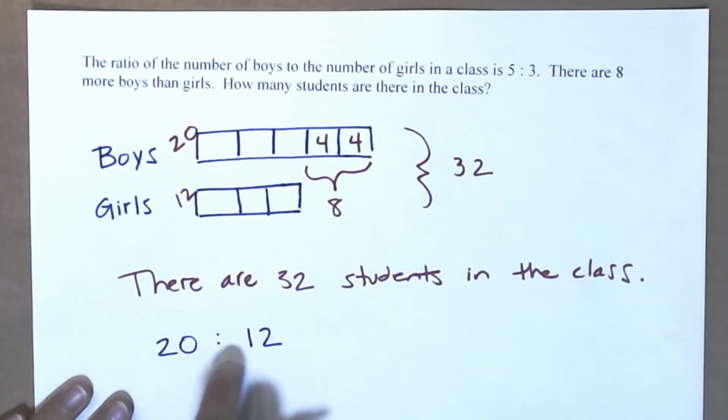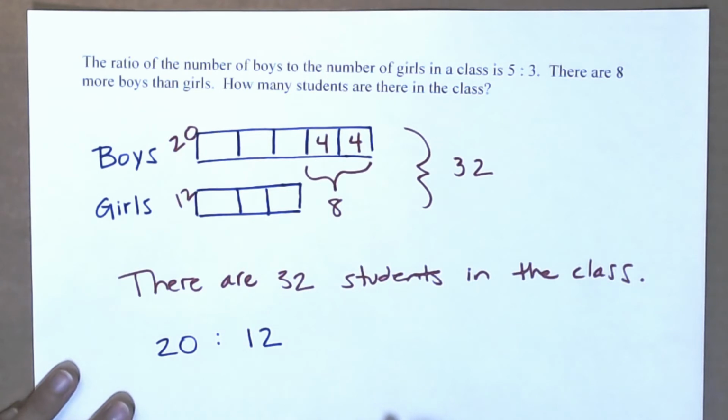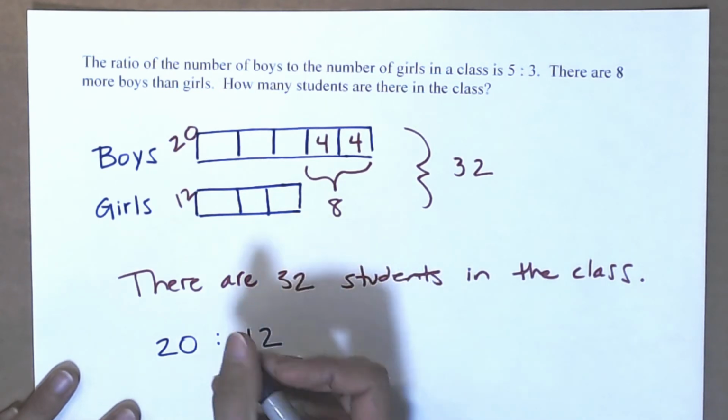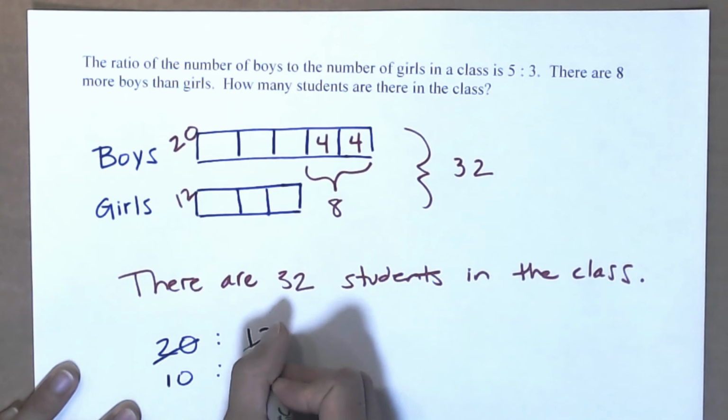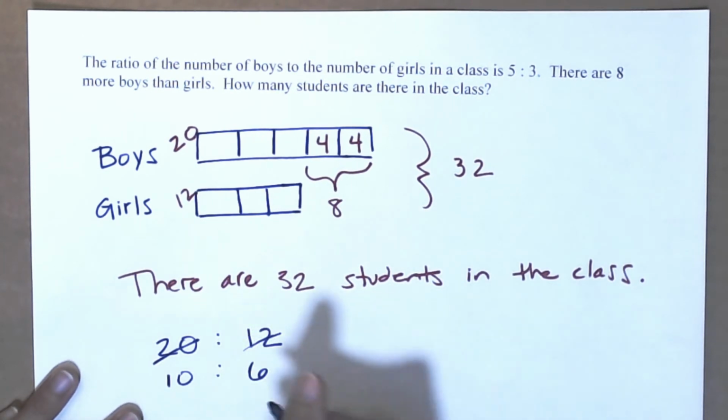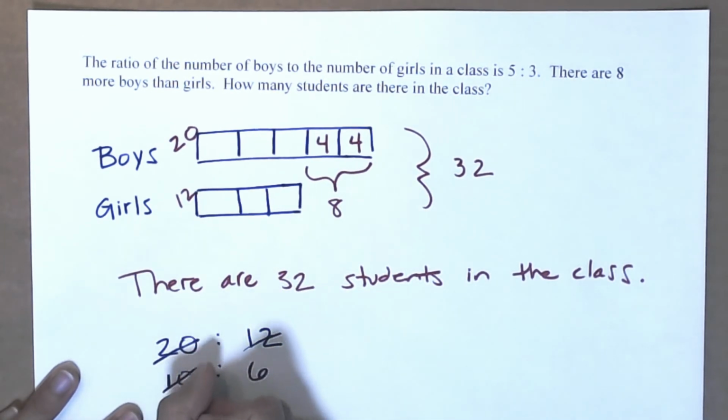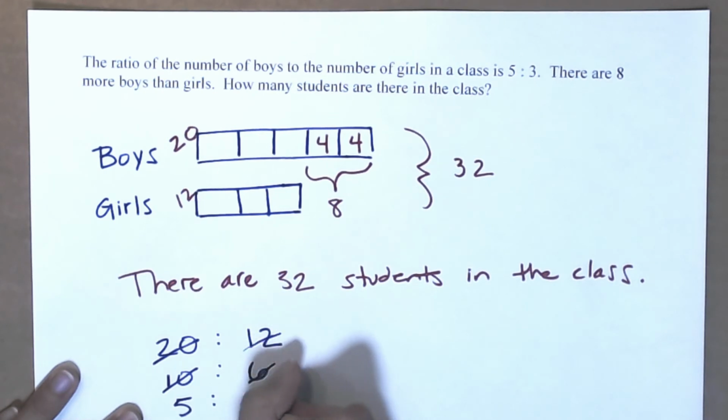So we can divide both of these terms of the ratio by a common factor. 20 and 12, a common factor. We could start with 2, and then we'd get 10 to 6, and then we could divide by 2 again, and we would get 5 to 3.